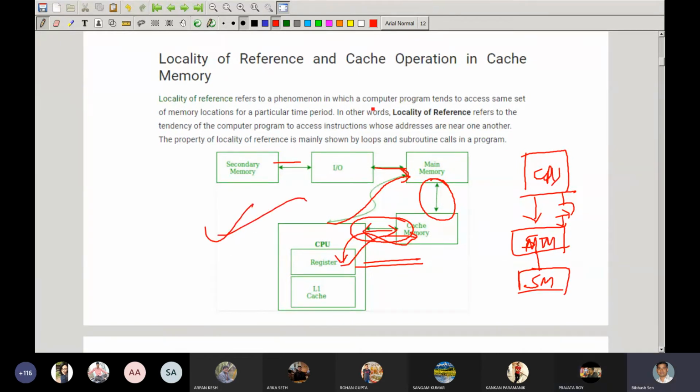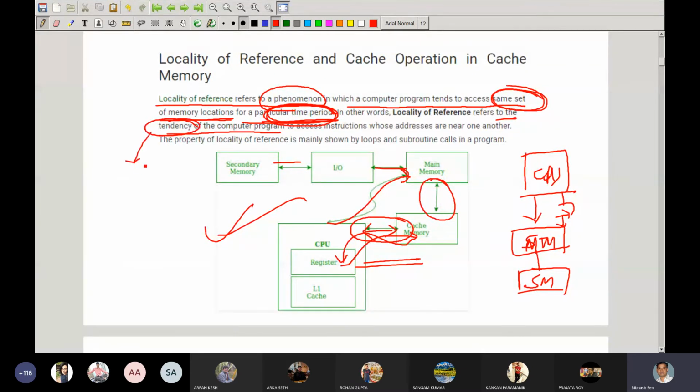Is it clear? Now, locality of reference refers to a phenomenon, which is very important, in which a computer program tends to access the same set of memory locations for a particular time period. In other words, it is the tendency of the computer program, like human tendency, human psychology.